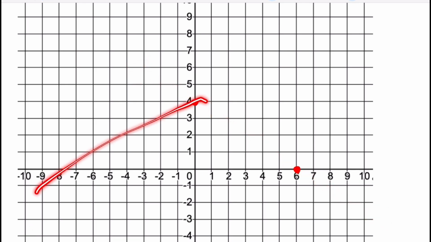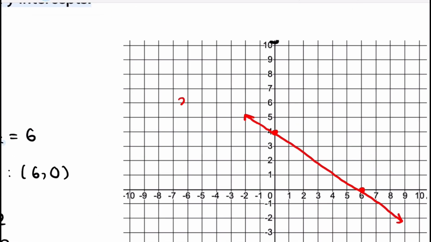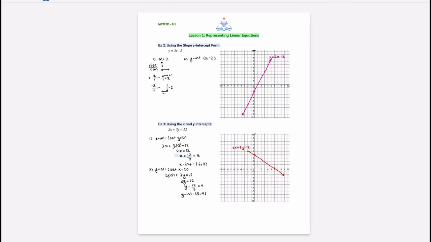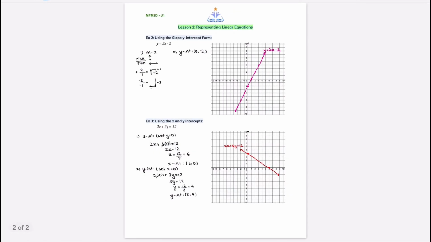It's not going to go like that, or it's not going to curve. We know it's going to go through the 2 points, which is why this works. So this would be 2x plus 3y equals 12. So that's how you graph these linear equations using these 3 different techniques.